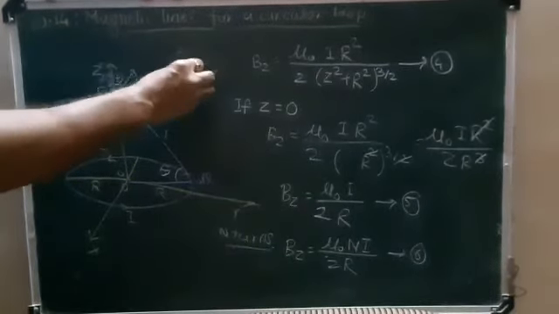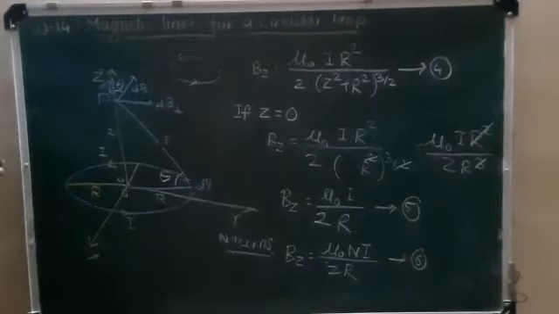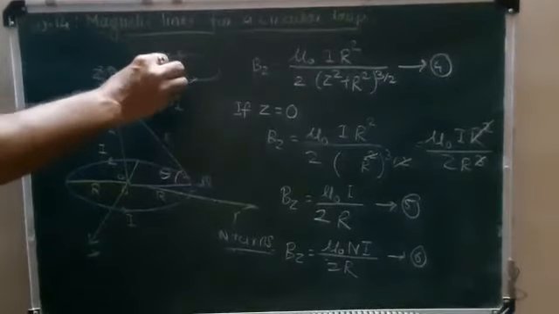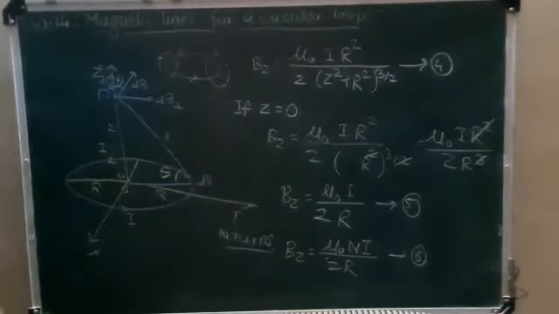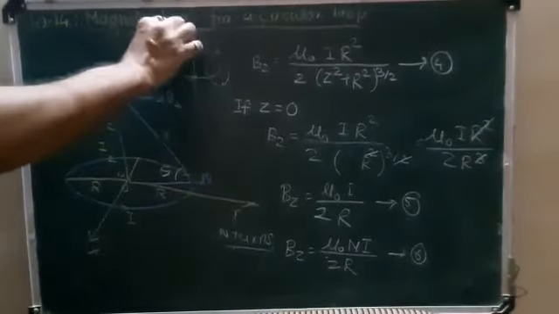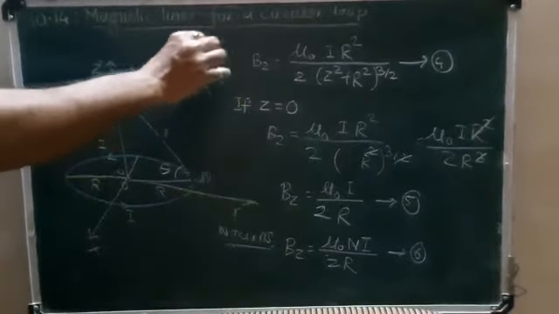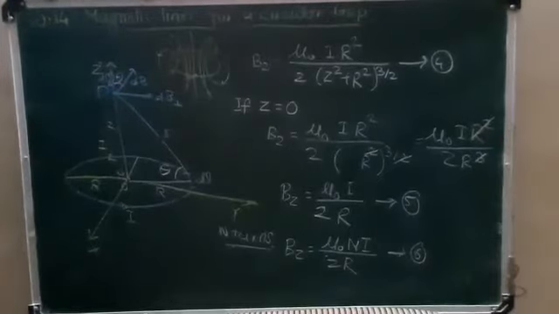If I amount of current is flowing through this loop, there are circular loops like this. Here this one is in clockwise direction, here it is in anti-clockwise direction. These are the magnetic lines of force present due to this circular loop.